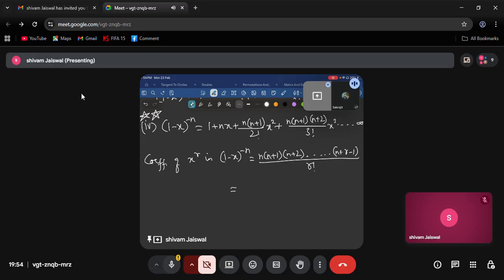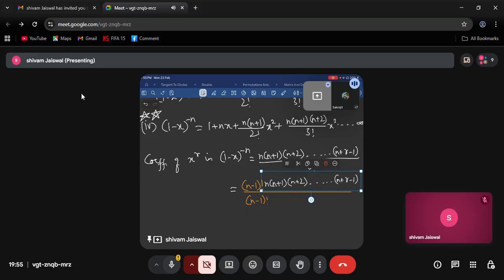What I'm going to do is multiply by n minus 1 whole factorial in the numerator and in the denominator also. Are you people getting, yes or no?